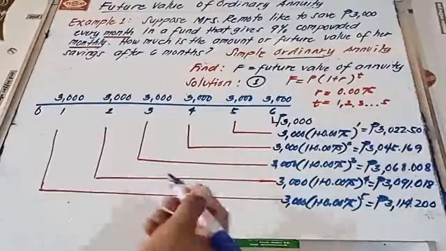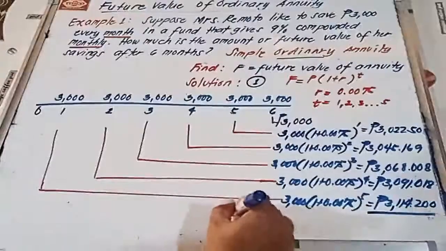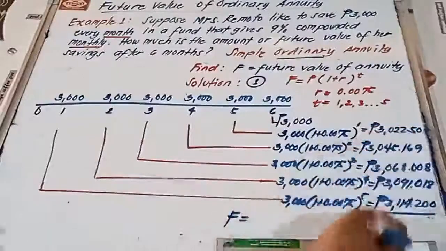Now, what is the future value of our annuity? According to the definition, it is the sum of these. We just add all these future values.